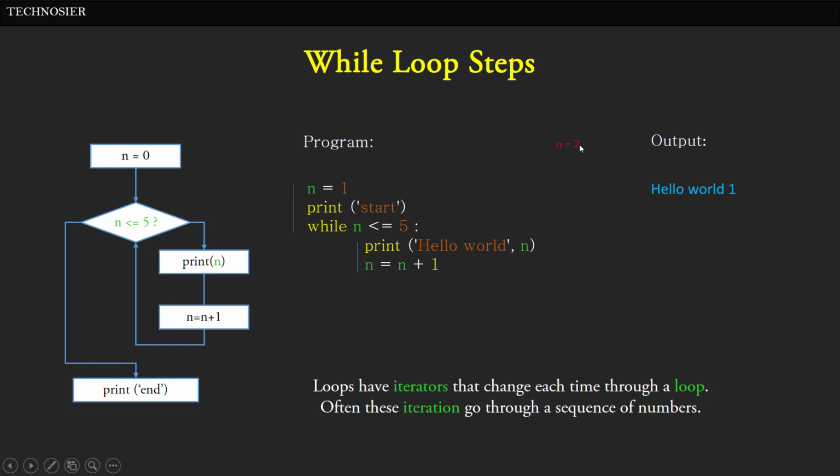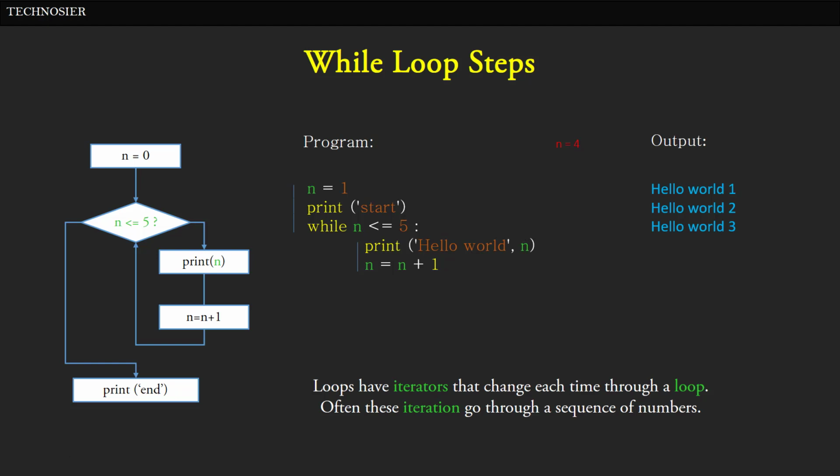Now n equals 2. By checking the boolean expression, it is true. So one more time the statement works, and n becomes 3. Another output comes. Running the loop again, n is incremented to 4 and we get the output hello world a third time.